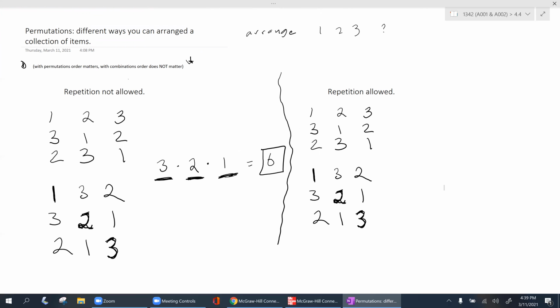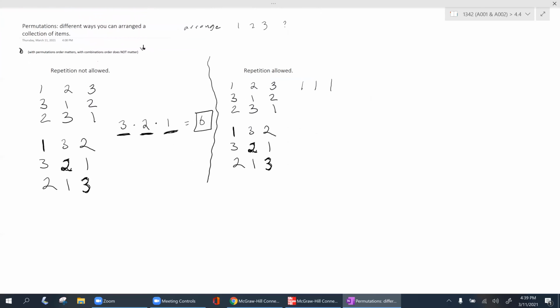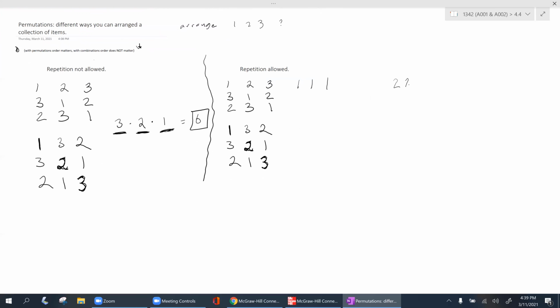How I want to do this is I'm going to include everything being 1, 1, 1. That's a possible combination because repetition is allowed. Another one would be 2, 2, 2, and another one would be 3, 3, 3.